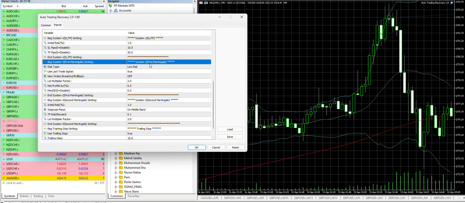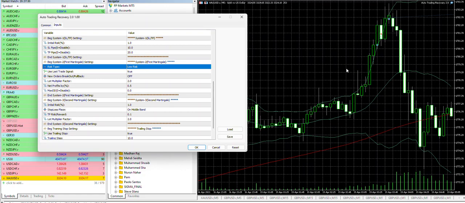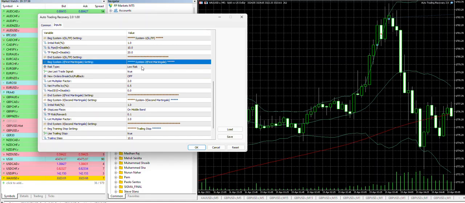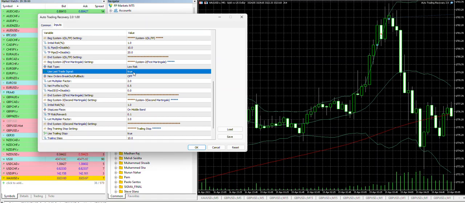This is the second system, which uses open trade like a guide. It's not target and stop. So that's the usage, how the last trade signal works.